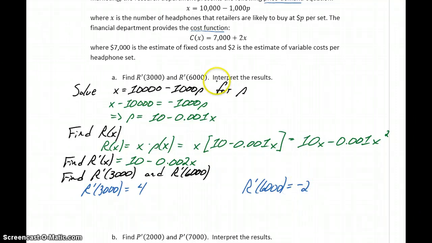So now what we want to do is interpret those results. Explain what it means that we know our marginal revenue is 4 and we know our marginal revenue is negative 2.